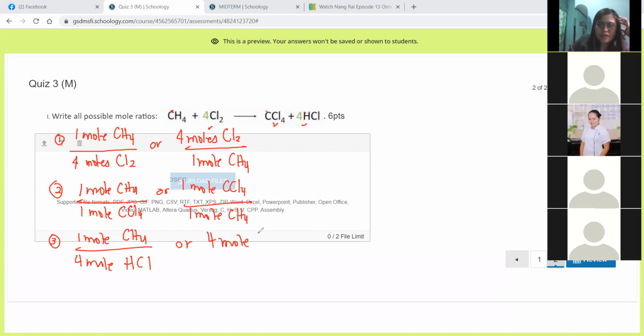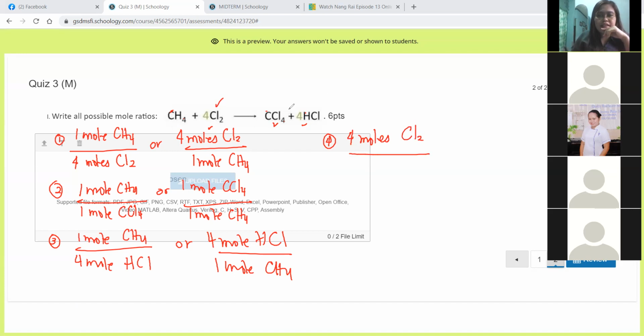Okay? So I hope I can see this in what you submitted. And then what else? We are done with methane. So let's move on to the chlorine. So 4 moles of chlorine is needed to produce, this one again, 1 mole of carbon tetrachloride or the reverse.